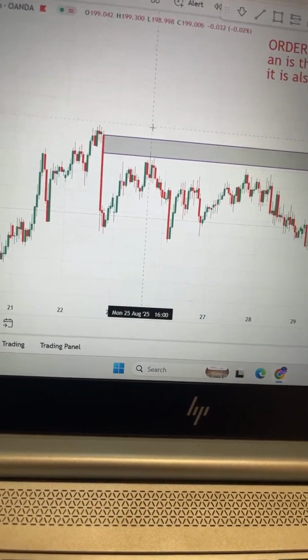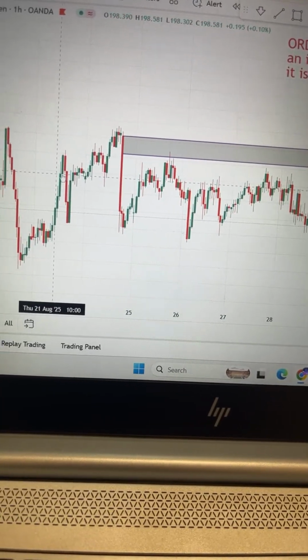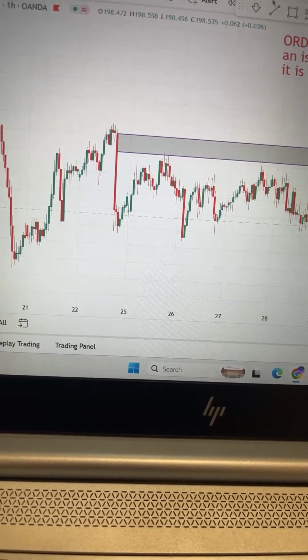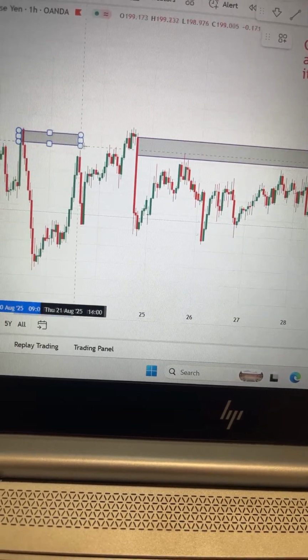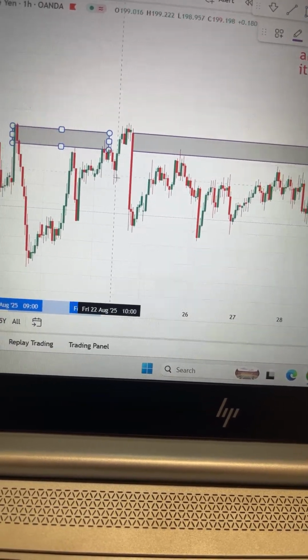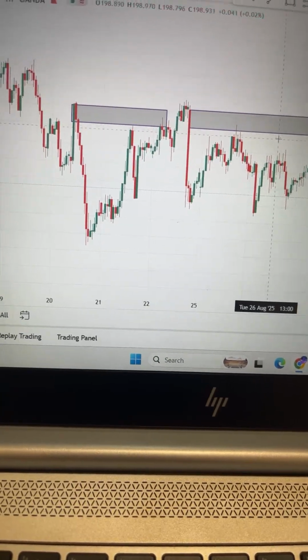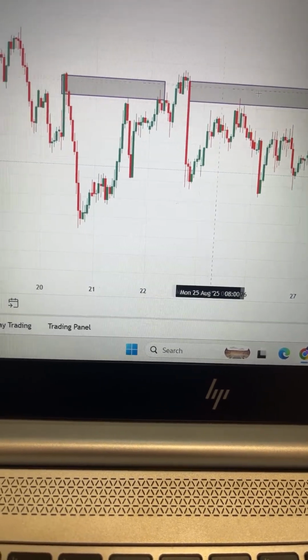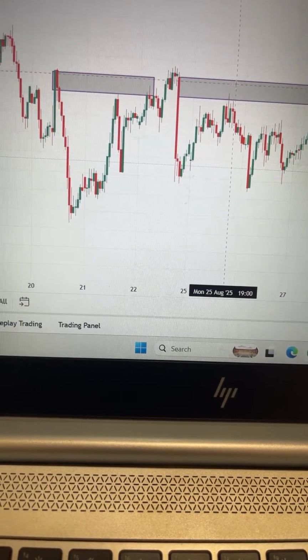So is this an order block or is it not? This, the one I have marked out. And is this an order block also? This, is it an order block? So this is not, this is. Even this also, it's an order block but invalid.